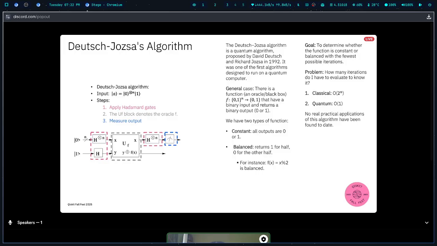That's because the matrices will produce the identity from those two operations. That's why we call these operations, these oracles, unitary operators.